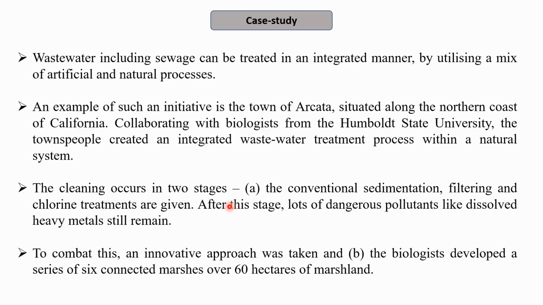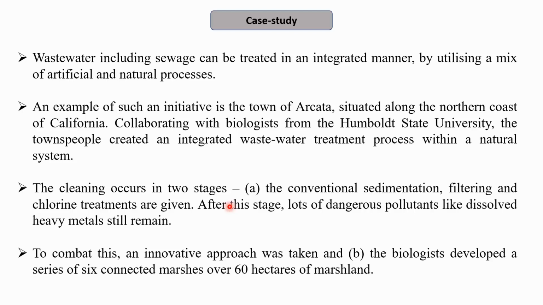Even after this stage, a lot of dangerous pollutants, especially the dissolved heavy metals like mercury, still remain in the wastewater, because sedimentation or filtration may allow the removal of solid waste particles that are not dissolved, but still a lot of dangerous pollutants remain dissolved in the wastewater.